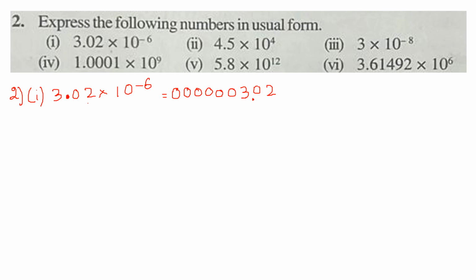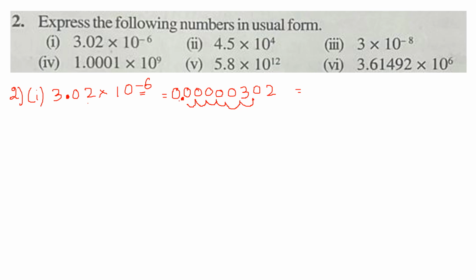So from here your decimal has to travel backward to 6 places. Why backward? Because it is a negative number given to us. So 1, 2, 3, 4, 5, 6. So your point would be here. So your answer is 0.0000302.